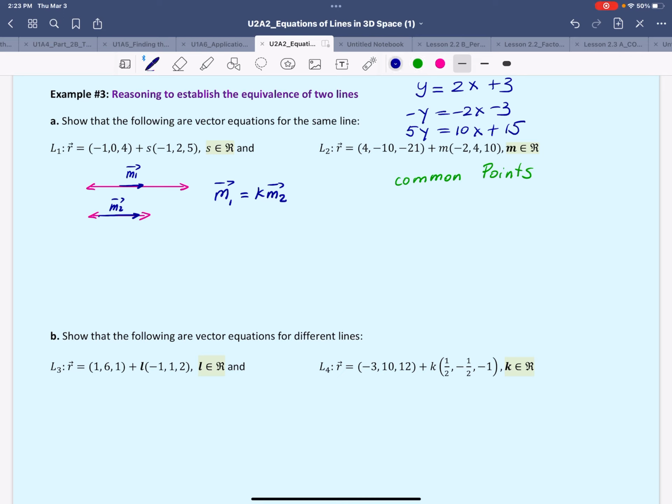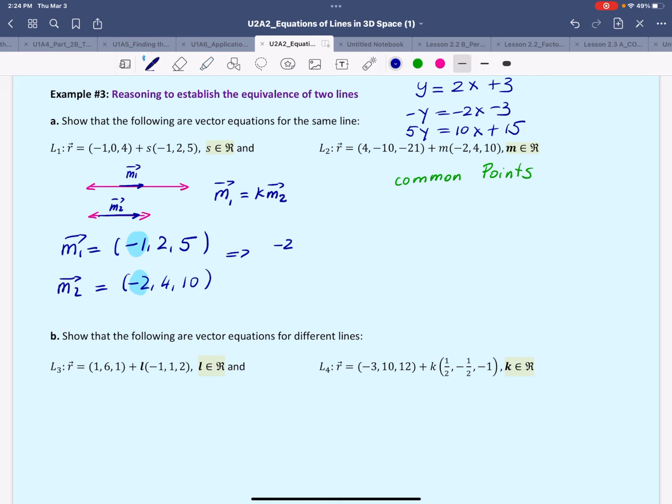The first direction vector, M1, has the coordinates negative 1, 2, and 5. Direction vector M2 has the coordinates negative 2, 4, and 10. You can obviously see it right away, but I'm going to go through the process of how we can check whether two vectors go in the same direction. I would compare the x coordinates by simply finding the ratio.